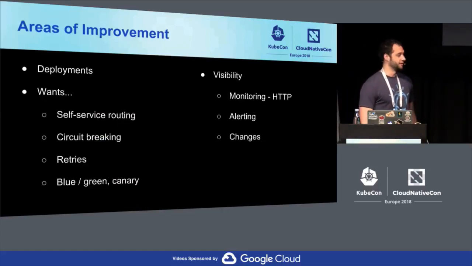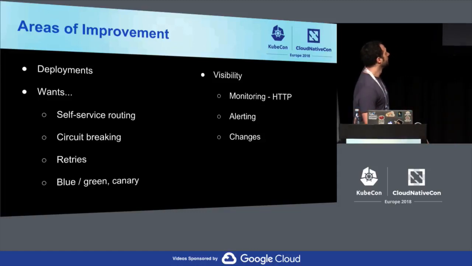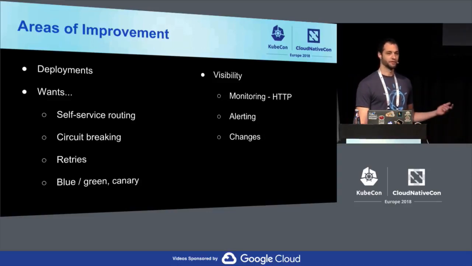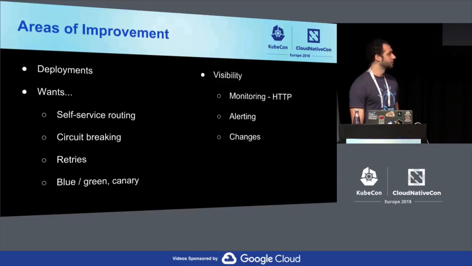So some of the areas of improvement that we were looking for tooling to help us with was deployments. We wanted to get rid of those completely for routing changes and make it so teams could self-service routing. They could add routes at will based on some validation, and we really wouldn't have to interject as much.